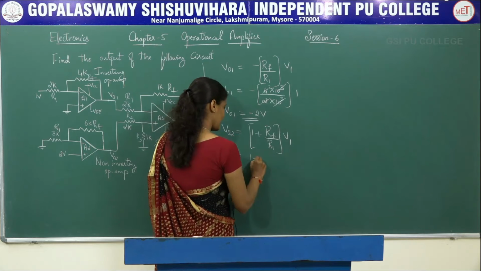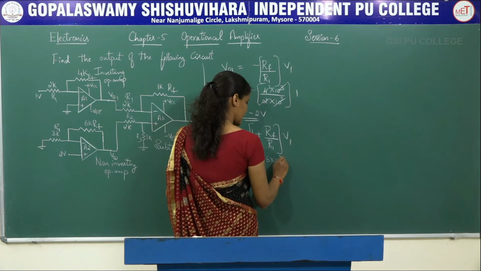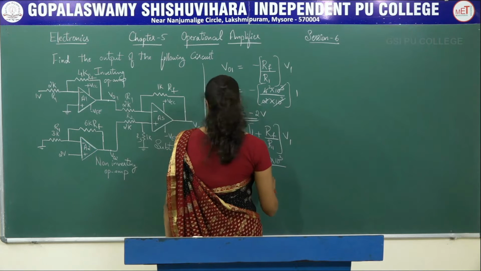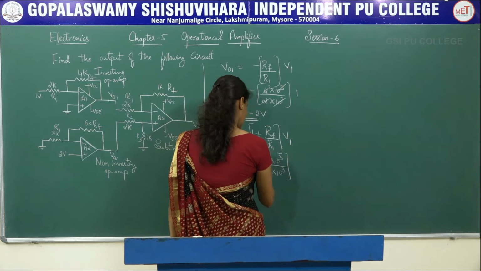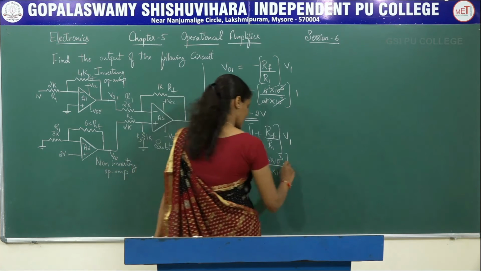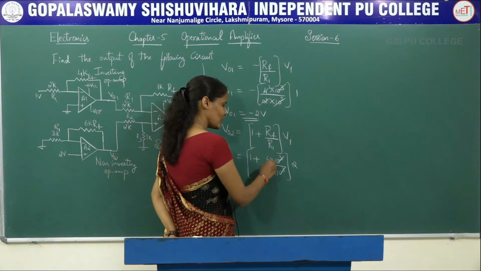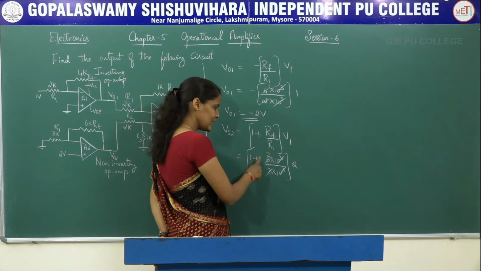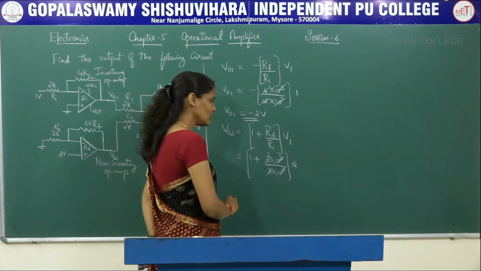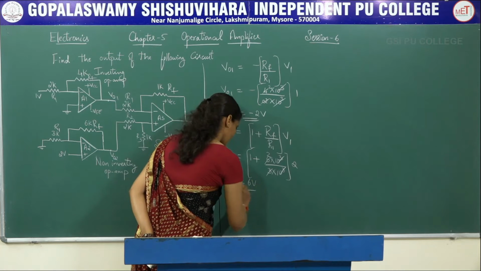So 1 plus 6 into 10 to the power of 3 divided by 3 into 10 to the power of 3, times 2 volts. 10 power 3 is getting cancelled. 3 ones are 3, 3 twos are 6. So 2 plus 1 is equal to 3. 3 into 2 is equal to 6. So V02 is equal to 6 volts.